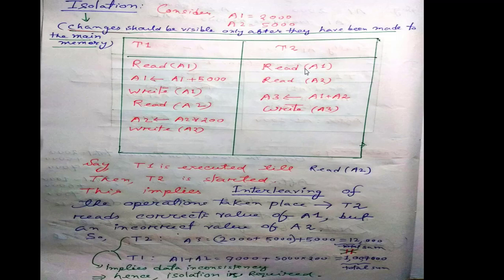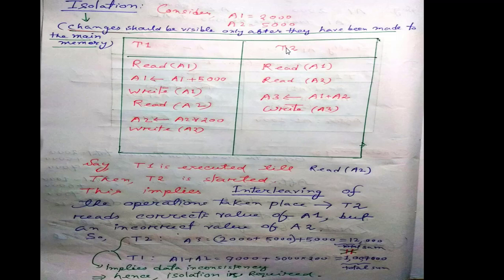Now, read A1 in case of T2, read A2, A1 plus A2 is assigned to A3, write A3. Now consider one situation when T1 is executed till read A2.